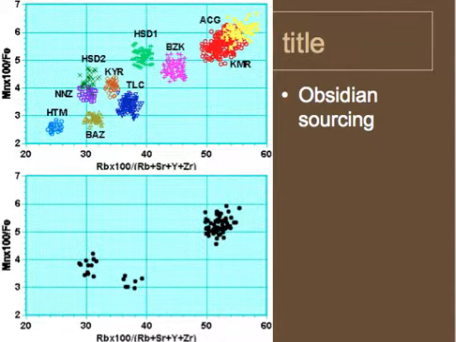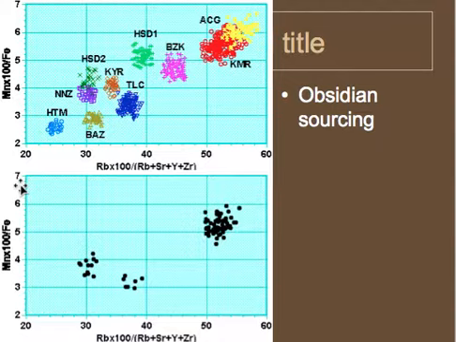Well, if you take a substance like obsidian, the volcanic glass, and you conduct this kind of analysis, you can look at the amount of different kinds of elements in the obsidian, like rubidium, zirconium, manganese, iron, right? There's lots of different elements that you can examine.